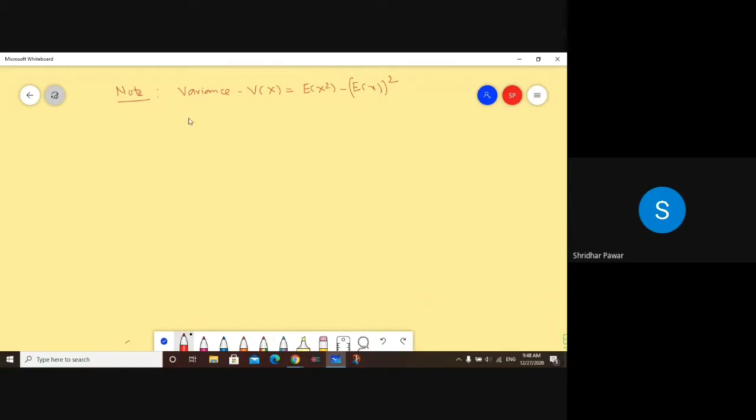Now, we already know the relation with standard deviation. So standard deviation of x, which is sigma, can be obtained from variance of x as the square root of variance of x. So this is how you can find the standard deviation for a probability distribution also.